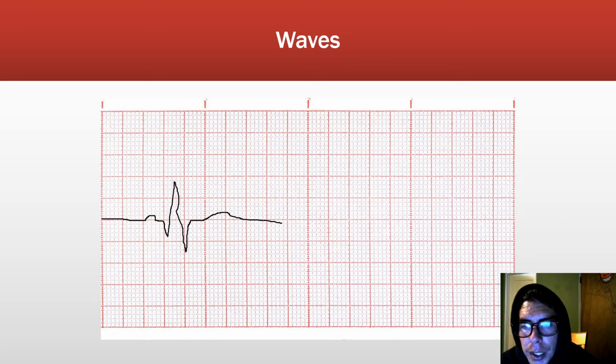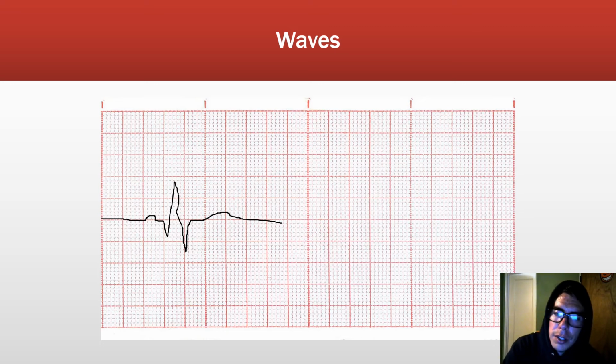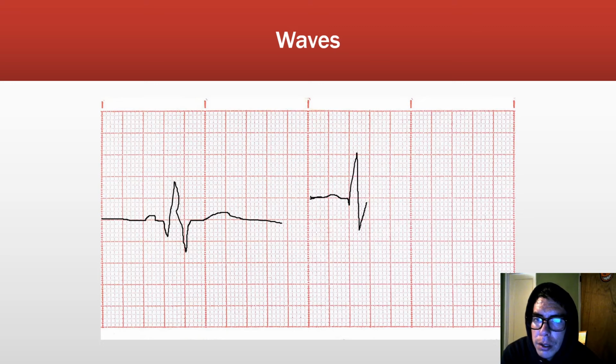But this is equal to 1 heartbeat. And let's see if I can try it one more time and see if I can do it better. Okay, that was actually pretty good. So we're going to erase the other one.